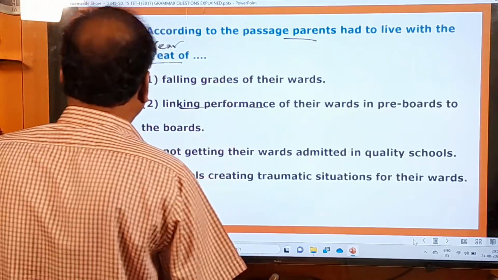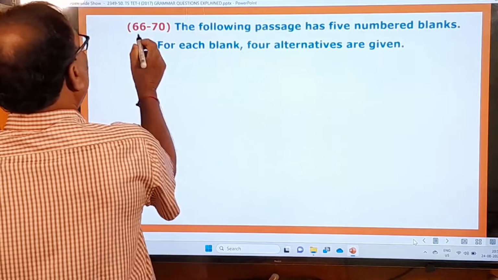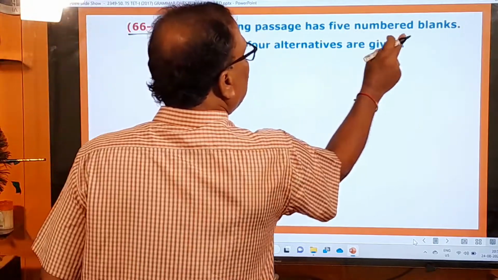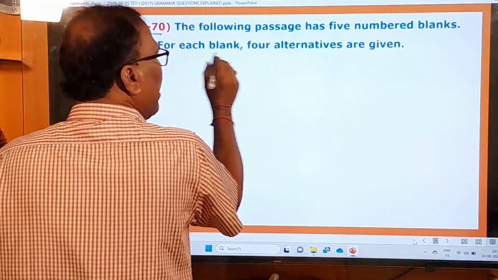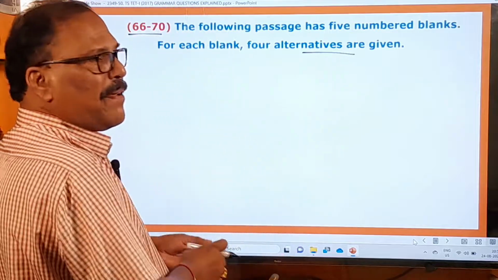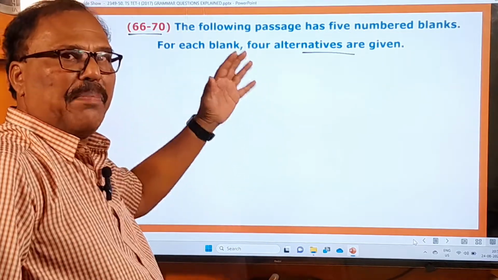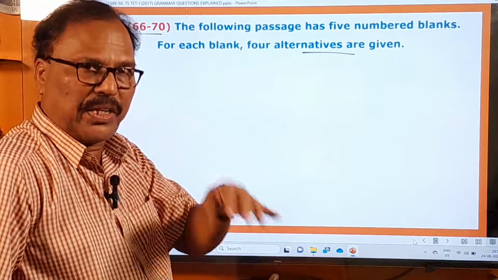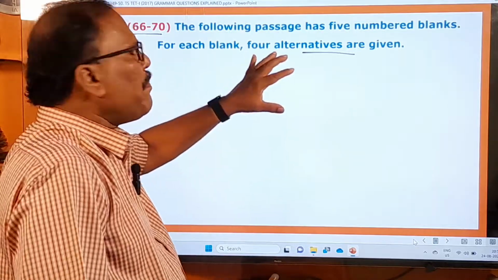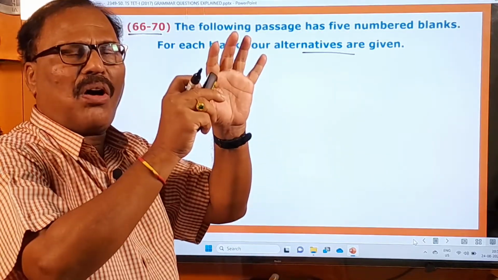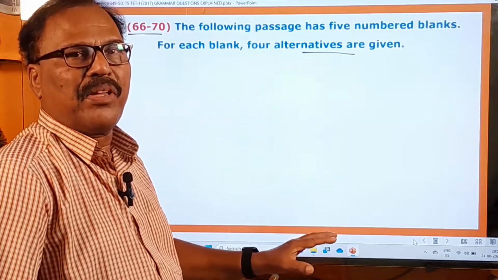Okay, now let's go to the next question. 66 to 70. The following passage has 5 numbered blanks. For each blank, 4 alternatives are given. See whether it is TET paper 1 or TET paper 2. The question paper pattern is almost the same.